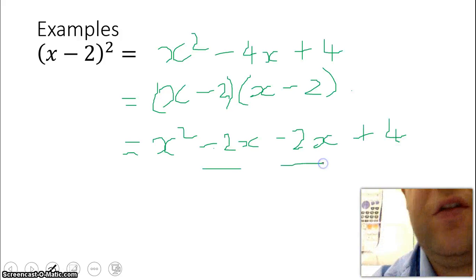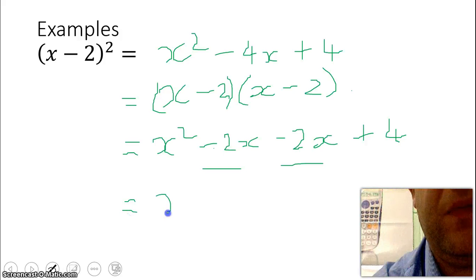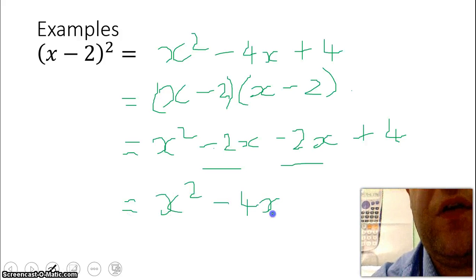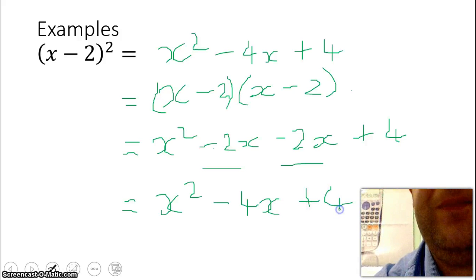We add the two like terms together, so we get x squared minus 4x plus 4.